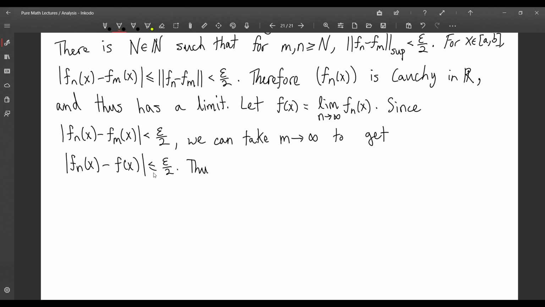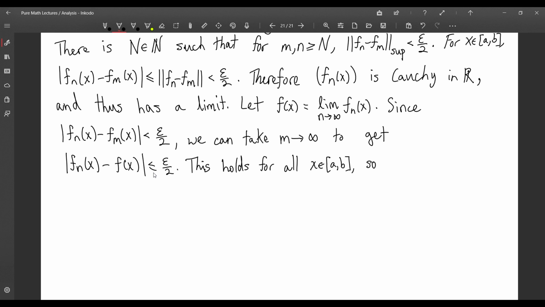This holds for all x in our domain, which is AB.